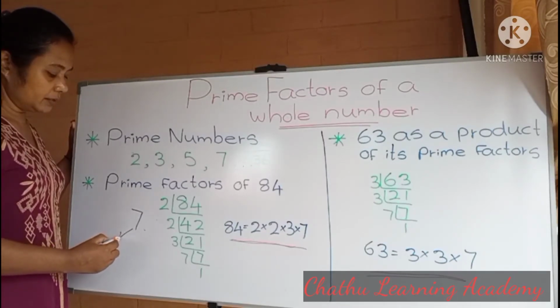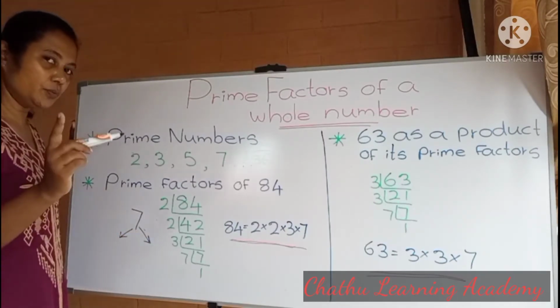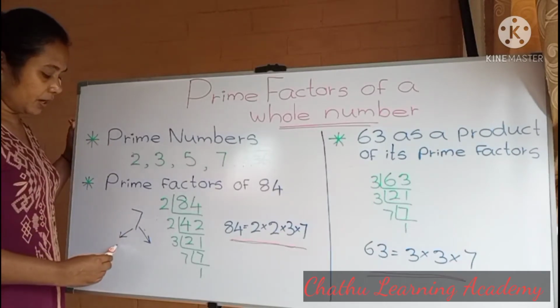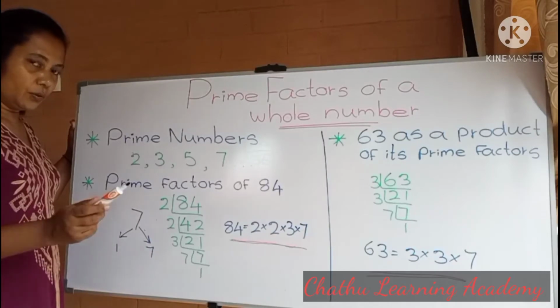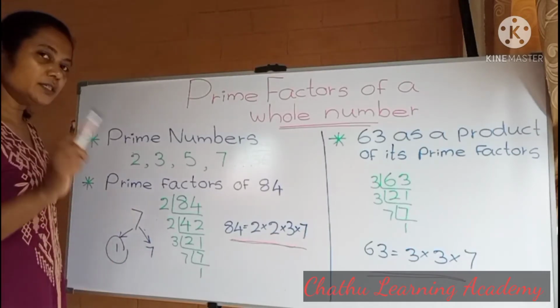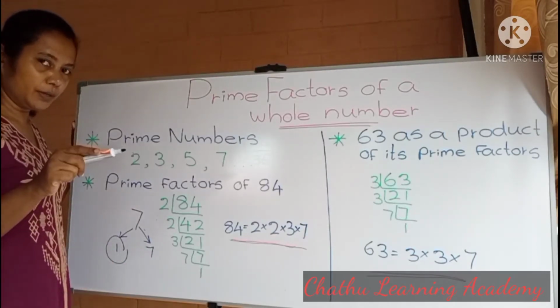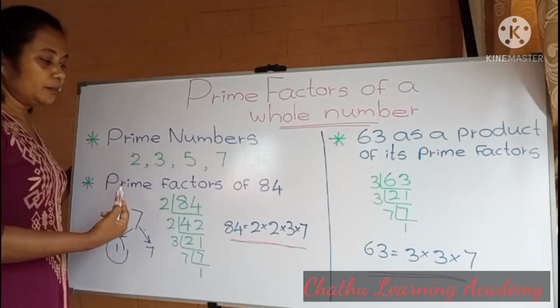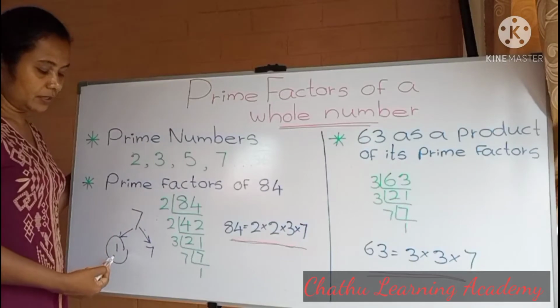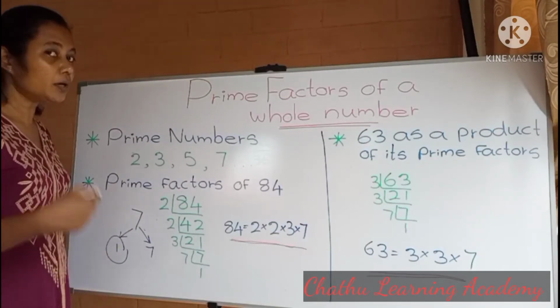What are the factors? If it is a prime number, there should be only two factors, 1 and the number itself. You know, this 1 is not a prime number, so we can't keep it as a prime factor. 1 is neither a prime number nor a composite number.